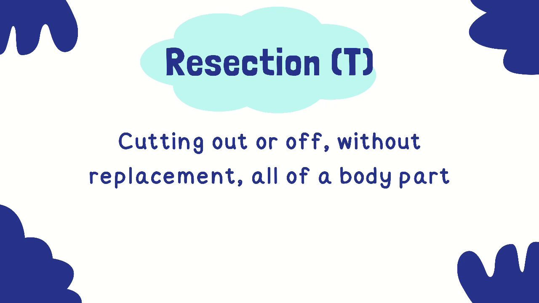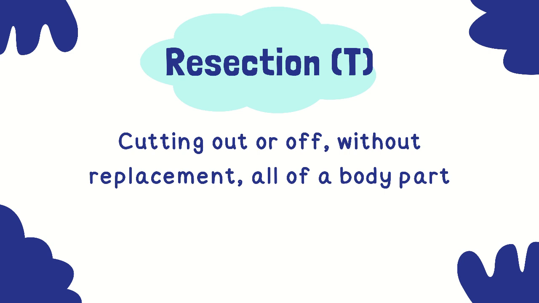All right. So the next root operation in group 1 is resection, which is defined as cutting out or off without replacement all of a body part. Examples are a total mastectomy, a lobectomy of a lung, and an appendectomy.